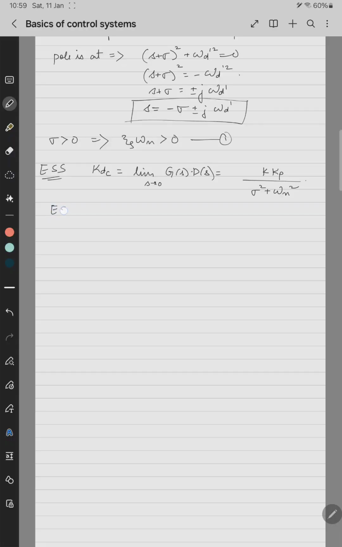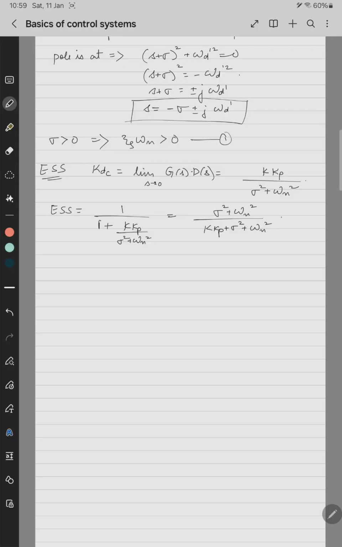So the steady state error will be 1 by 1 plus Kdc, which is sigma square plus omega n square divided by K Kp plus sigma square plus omega n square.